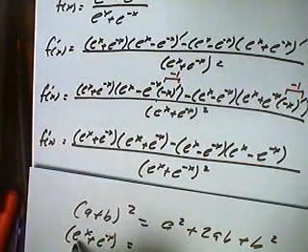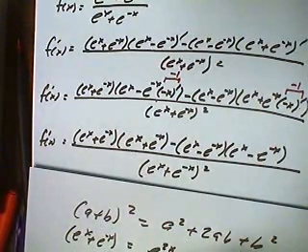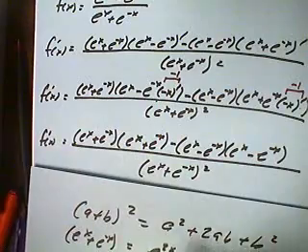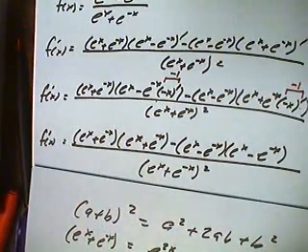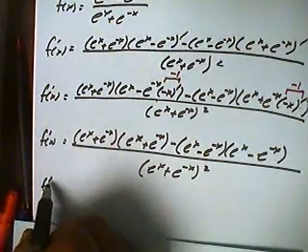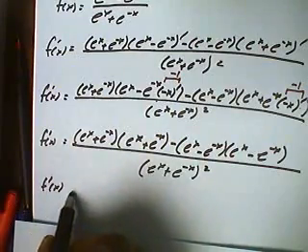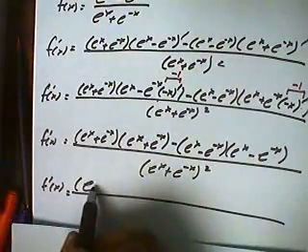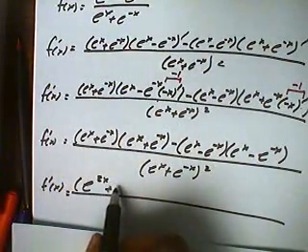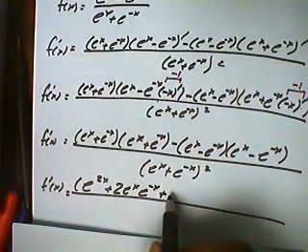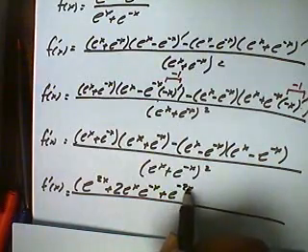So when you square, e to the x times e to the x is e to the 2x, plus 2 times e to the x times e to the negative x, plus b squared, which is e to the negative x times e to the negative x, which is e to the negative 2x power. So let's write that down. This will all be e to the 2x power plus 2 e to the x e to the negative x plus e to the negative 2x power.